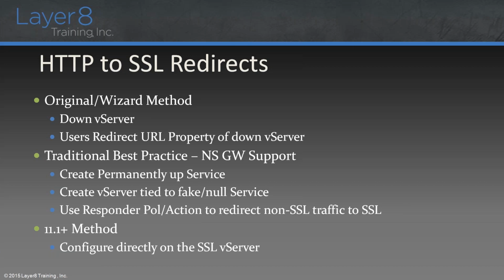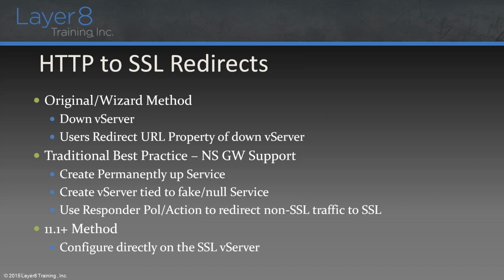And it is to create a down virtual server. So what you do is you create a down virtual server, and when a user comes in, it uses the protection feature of the NetScaler to say, hey, you need to be redirected somewhere else. And then we use that to move you from HTTP to SSL. There are wizards on the NetScaler that do that. Down and dirty, it works.